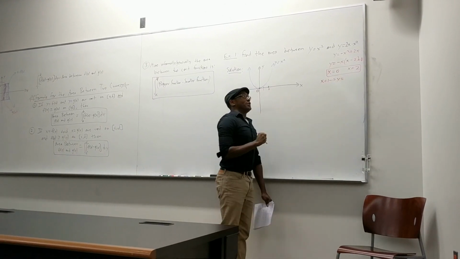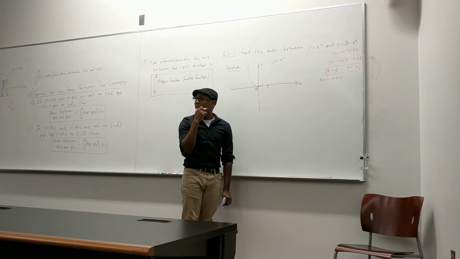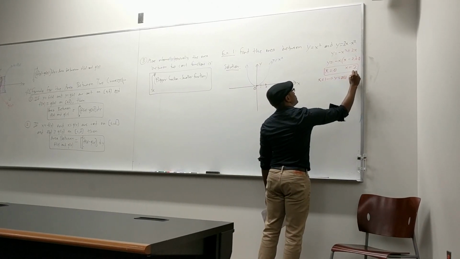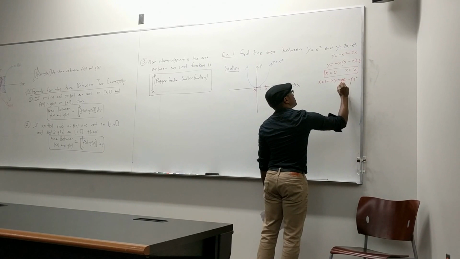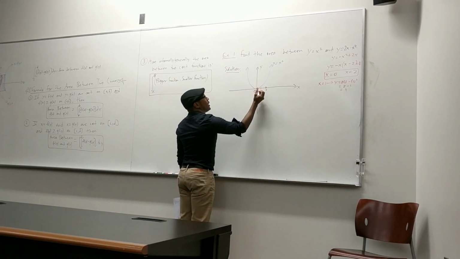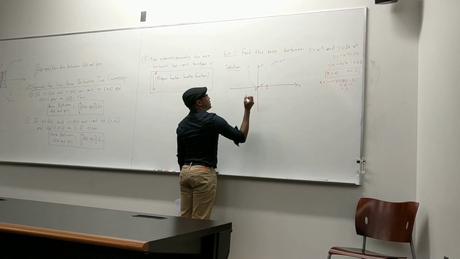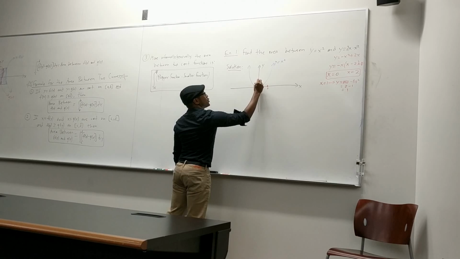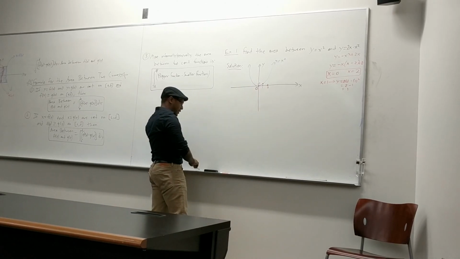What will y be equal to? 1. Yeah. It'll be 2 times 1 minus 1 squared, which is 1, right? So when x is 1, y is 1, which we should know is right on the curve for x squared, right? 1, 1 is a point there.